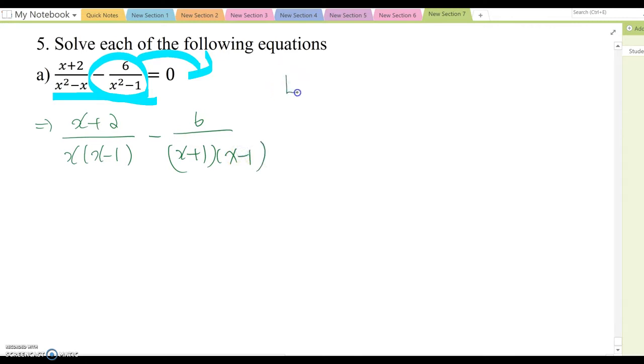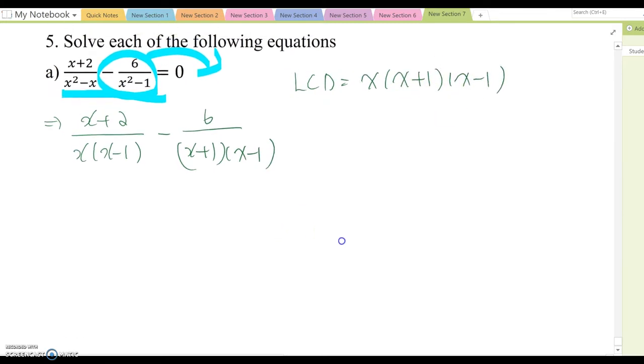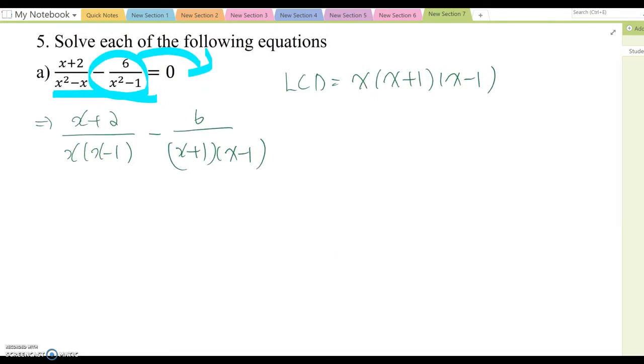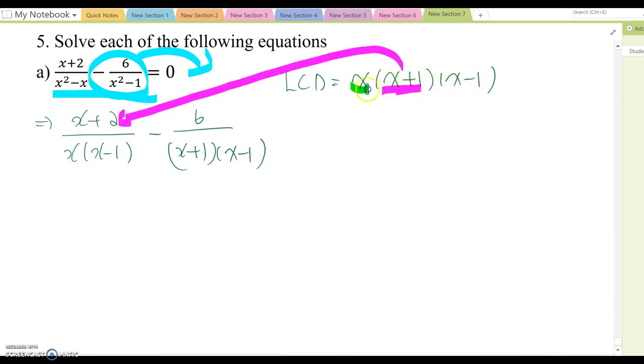Therefore, you see that the LCD becomes x times x plus 1 and x minus 1. So now you need to multiply this one to here and then this one to here basically, and set up that equal to 0.